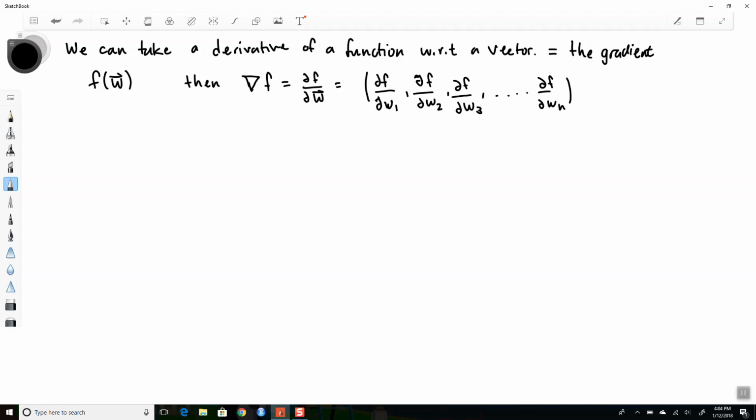And so we can get used to the idea of taking derivatives in matrix notation. All right, so here are some useful identities.